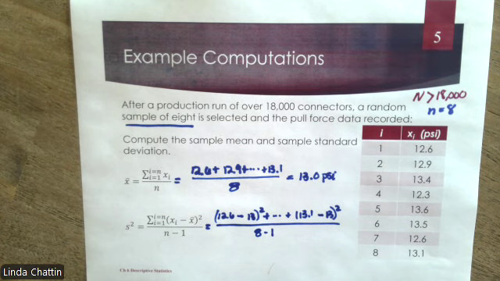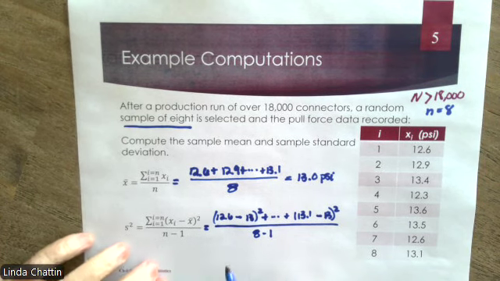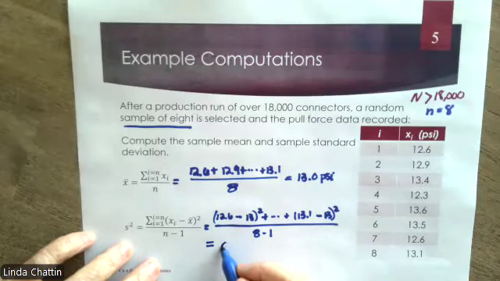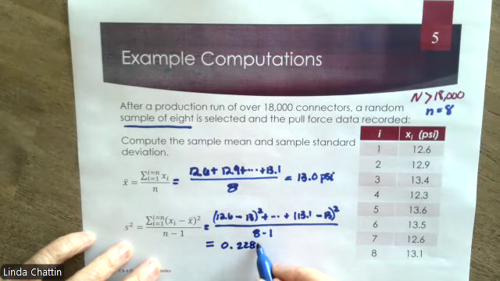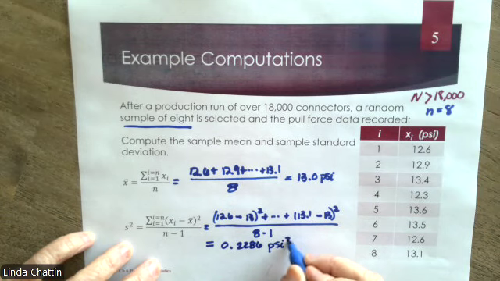When I do that, what I find out is that s squared works out to be 0.2286 if I go to 4 decimal places, and that is PSI squared.